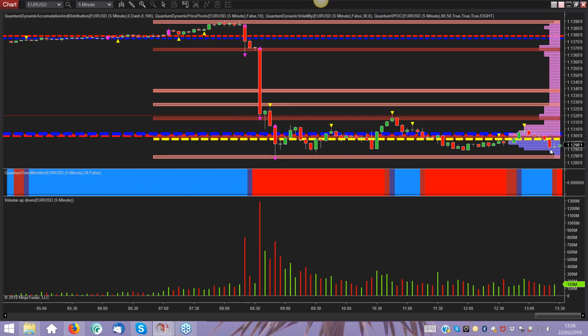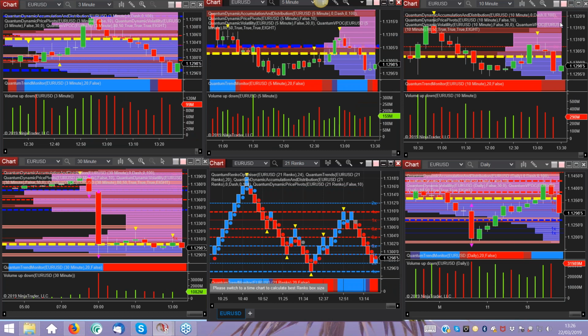Therefore, if it does get through here, it should go through that region pretty swiftly, because there's very little in the way of volume to obstruct its journey.